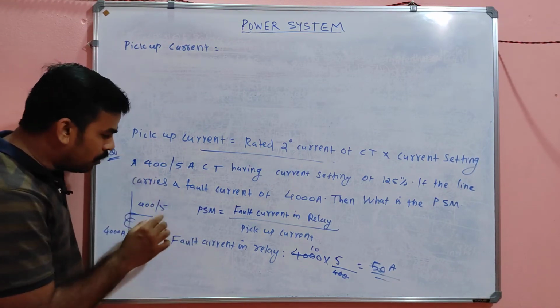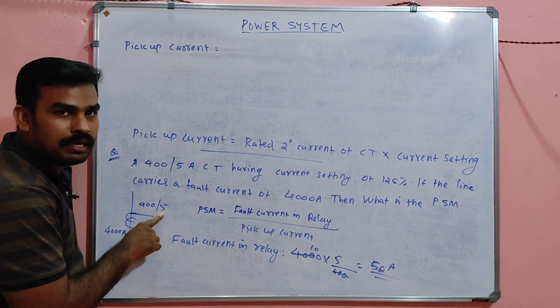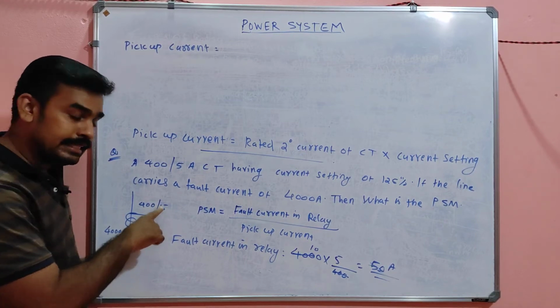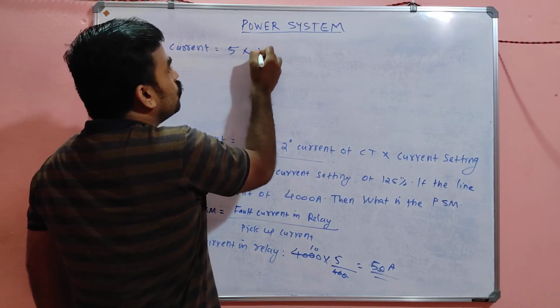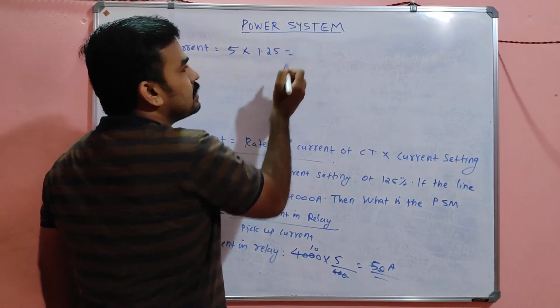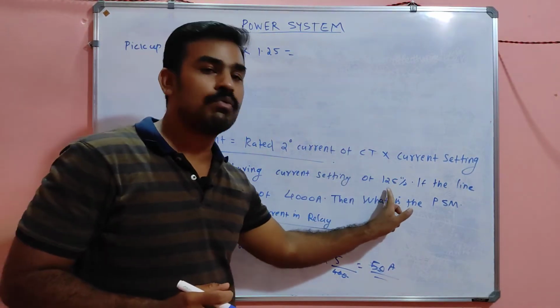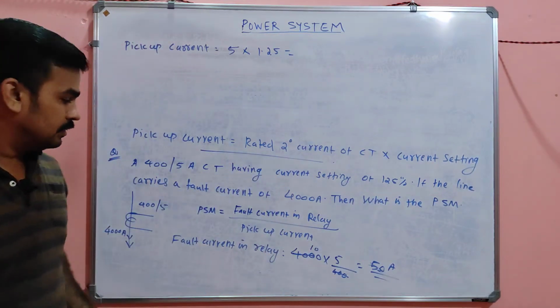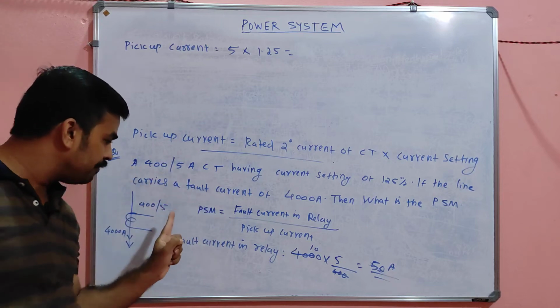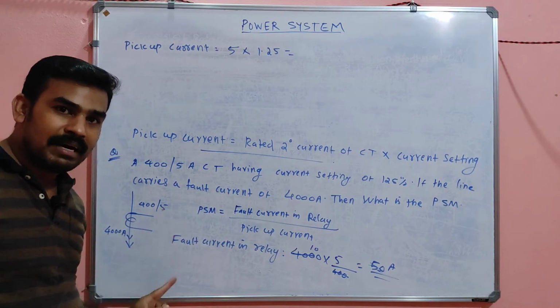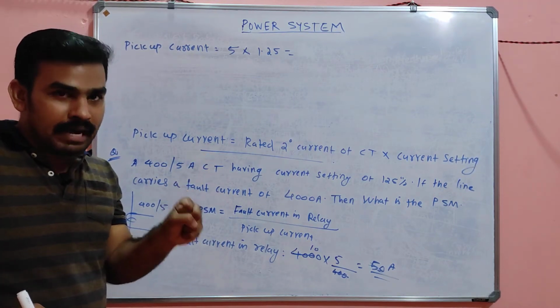The relay will not energize at 5 ampere. The relay will be energized at 5 into 1.25, because the current setting is 125%.